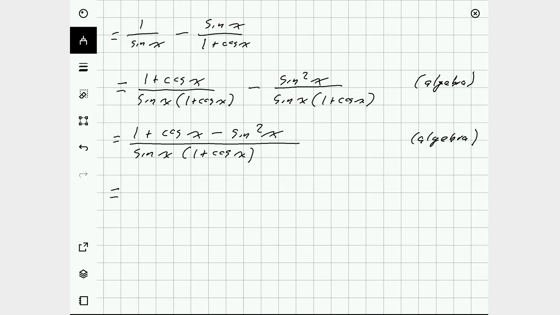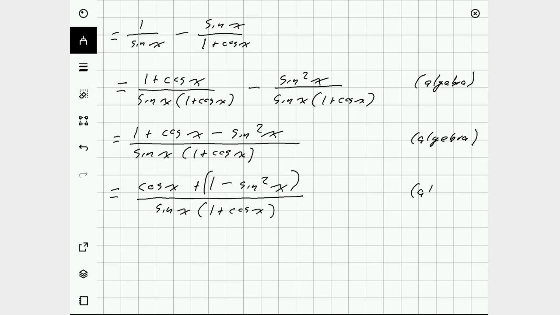So let's do one more step of algebra to rearrange things a little bit and get the 1 minus sine squared x together. That's just the commutative and associative properties of addition, allowing me to shuffle things around a little bit.